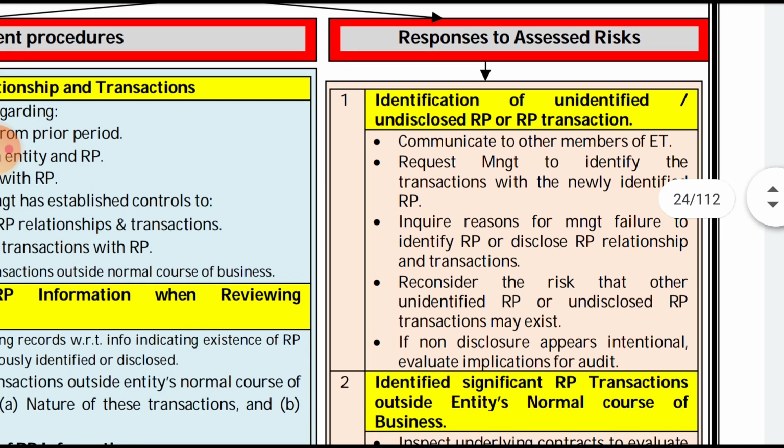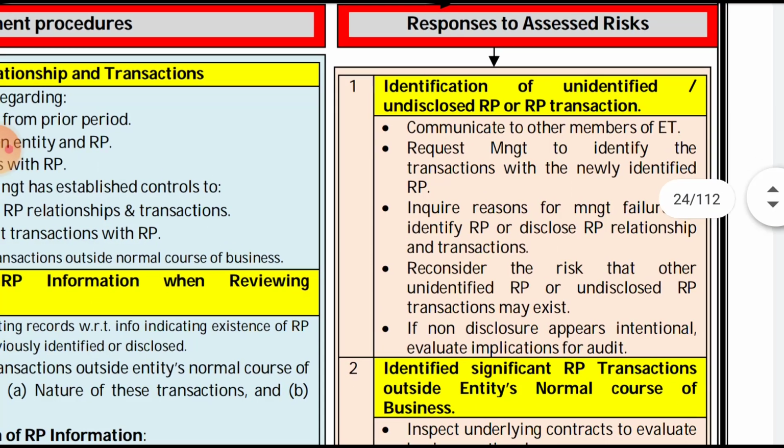Then reconsider the risk that other unidentified related parties or undisclosed related party transactions may exist. And if the non-disclosure appears to be intentional, then evaluate the implications for the audit.